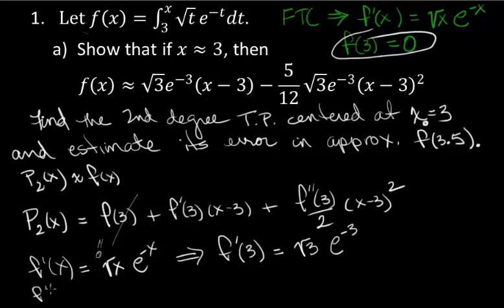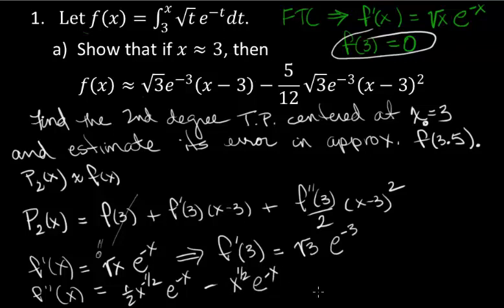F double prime of x, we're going to have to use the product rule. So you differentiate f prime using your product rule, and you get, let's see, I want you to just do this. There's no need for me to write all this out. Well, using the product rule, I got 1/2 x to the minus 1/2 times e to the minus x minus x to the plus 1/2 e to the minus x.